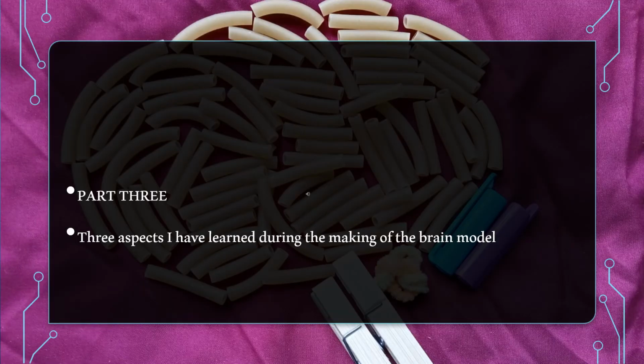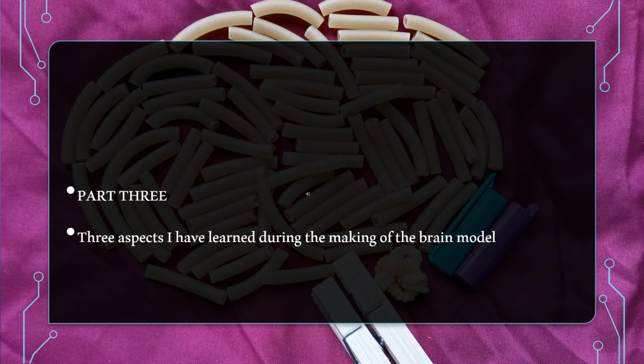This is part 3 of my video. And here I will be listing 3 aspects that I have learned during this creative process. The first one is that making a brain model is not as easy as I had initially thought. I attempted making the model with so many things before I finally settled for macaroni.